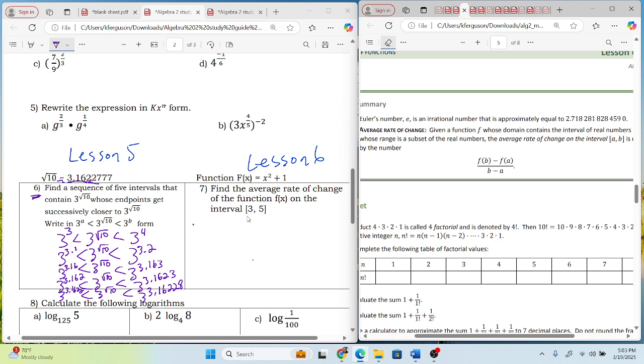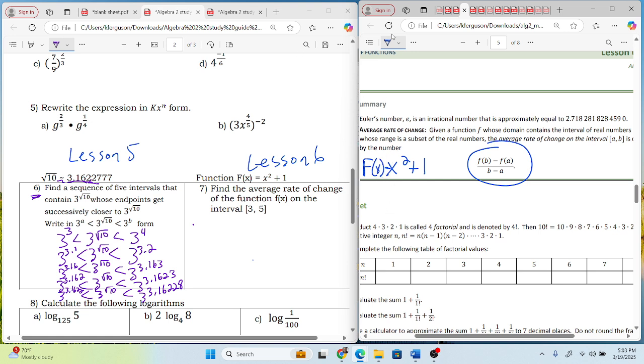If I have an interval, I plug that interval into my function. Well, my function is x squared plus 1, that's my f of x equals.